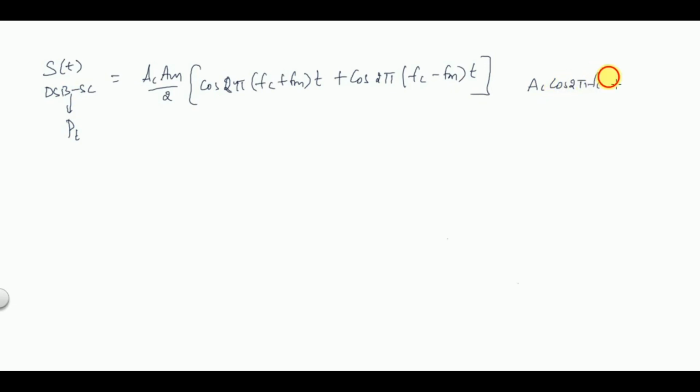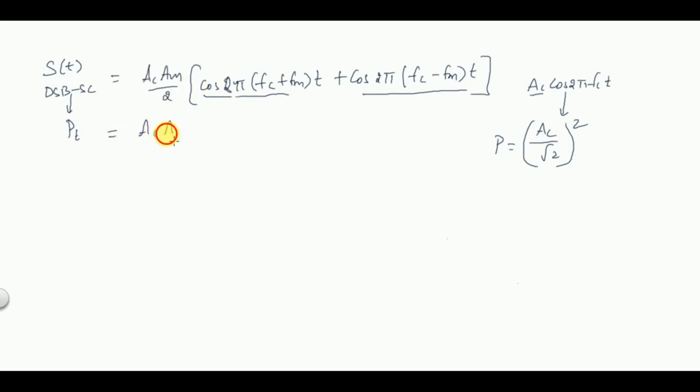Ac cos 2 pi fct is the carrier term; this is the maximum value, so from it we find the RMS value and take the square to obtain the power. So P is obtained like this. This is one cosine term and this is another cosine term, and the amplitudes are the same, AcAm by 2.